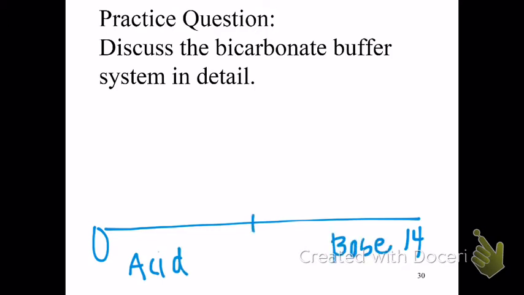And then right in the middle would be neutral, which is 7. By the way, remember, acids have an excess amount of hydrogen ions. So hydrosulfuric acid, carbonic acid, all the acids you can think of, they have hydrogens. All the bases, they have hydroxides.